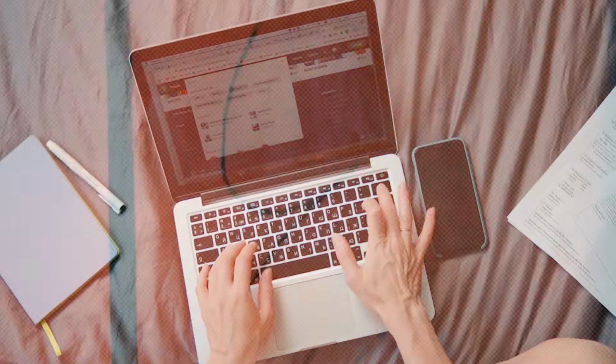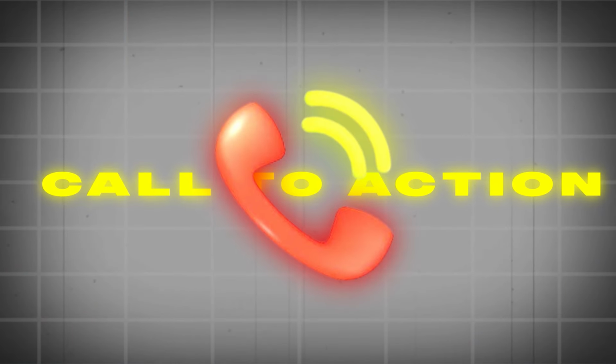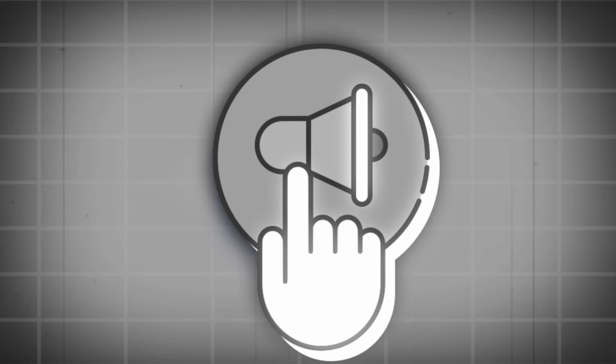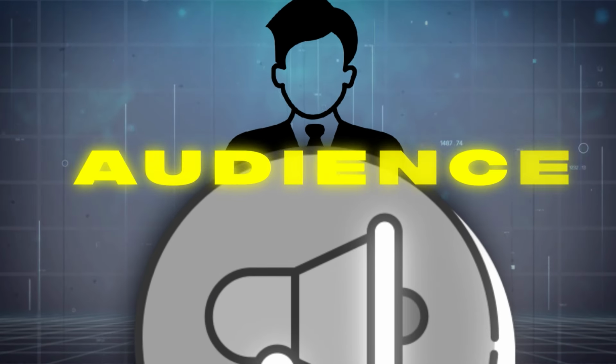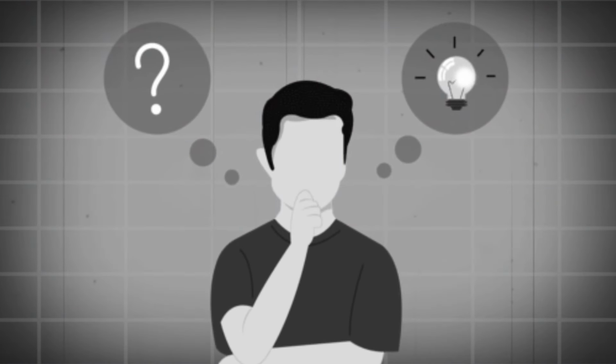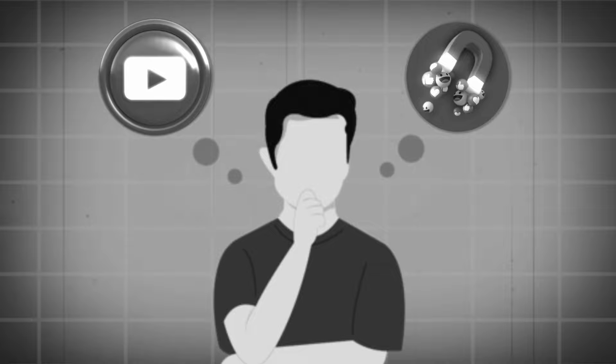Call to action. When it comes to creating content, crafting a compelling call to action (CTA) is an essential element that should not be overlooked. The call to action is the prompt that encourages your audience to take the next step after consuming your content. It could be any action that you want your audience to take, such as subscribing to your channel, downloading your lead magnet, or making a purchase.